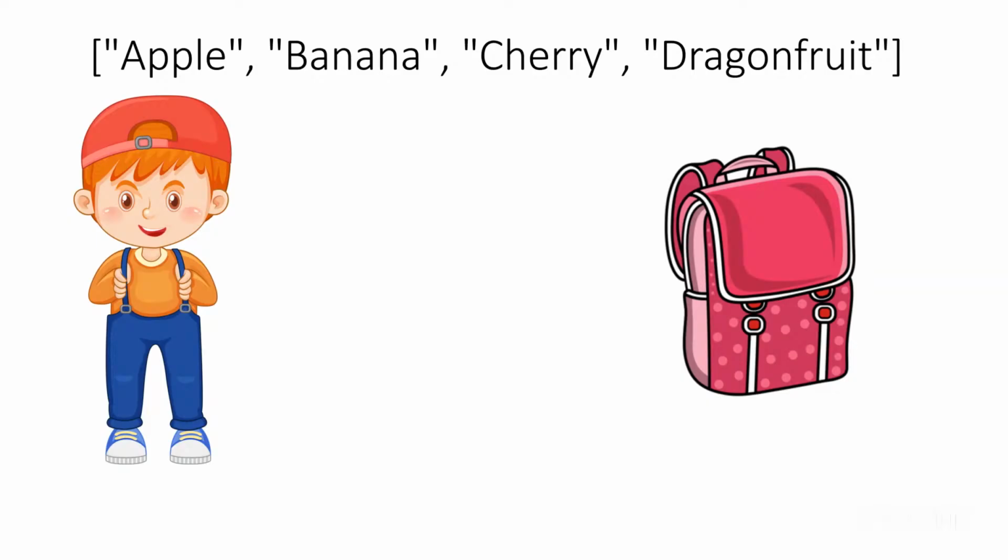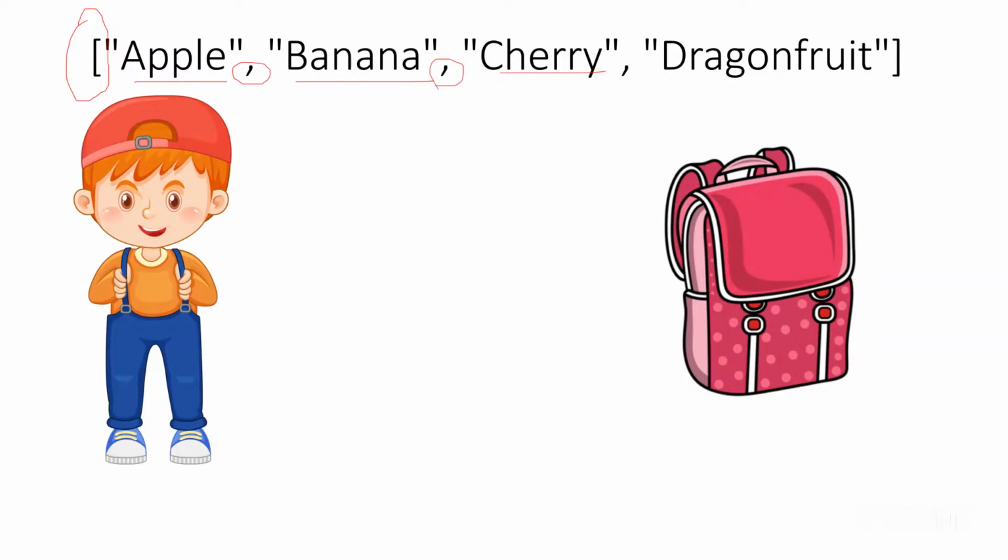The thing we need to observe here is the syntax of this pink bag storing. It starts with a square bracket, and here we are storing multiple string data types. We are storing apples, bananas, cherries, and I'm separating the different values with the help of commas.